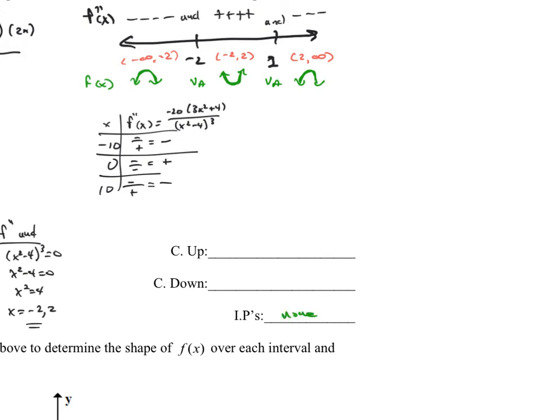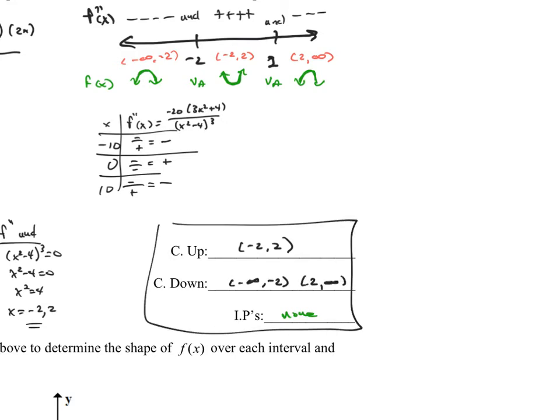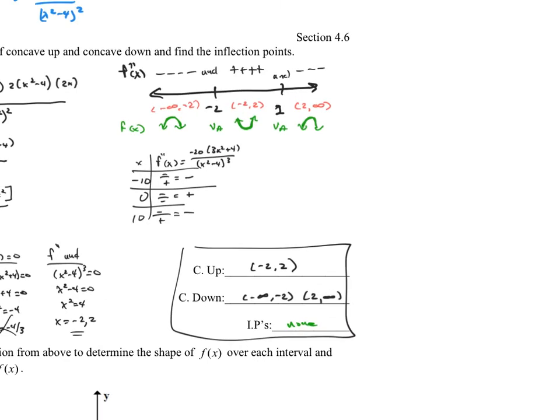Intervals of concave up: concave up was when the second derivative was positive. That was on the interval from -2 to 2. Concave down was when the second derivative was negative, so that was on the intervals -infinity to -2 and 2 to infinity.